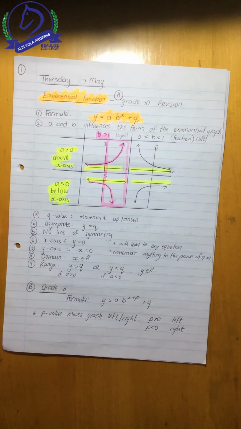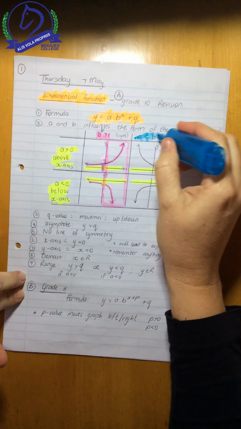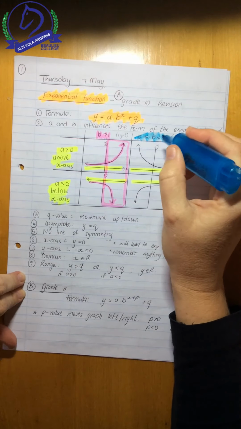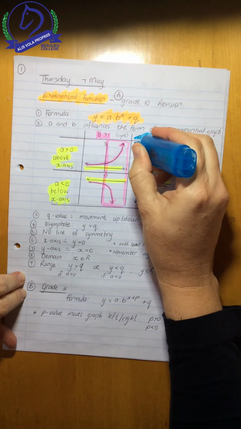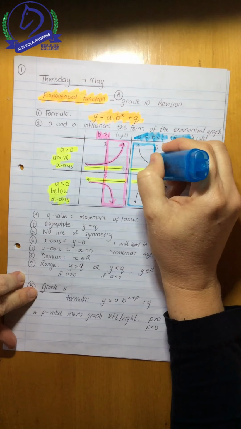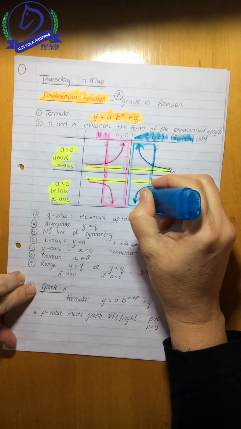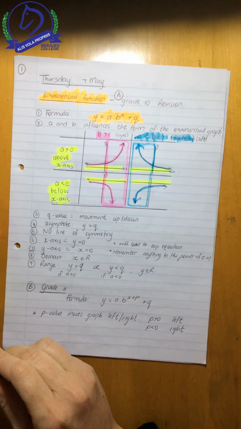Right, so if b is between 0 and 1, which means it is a fraction, everything happens on the left-hand side of the Cartesian plane. It will either peak on the left-hand side or it will decline on the left-hand side.